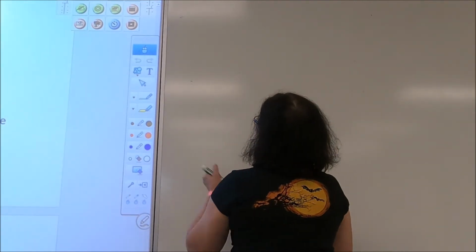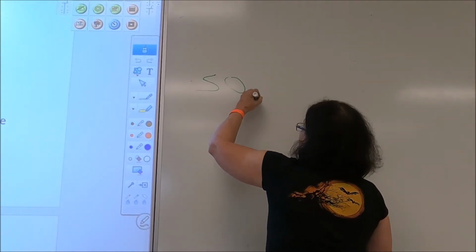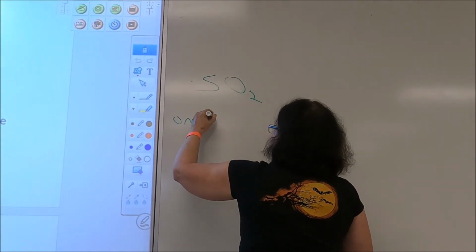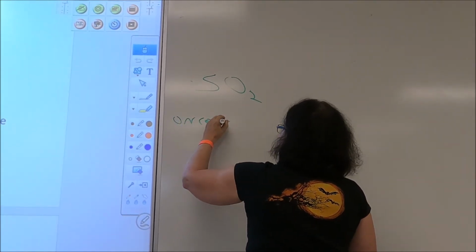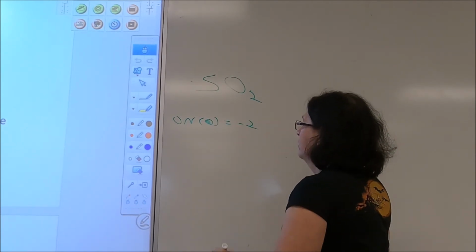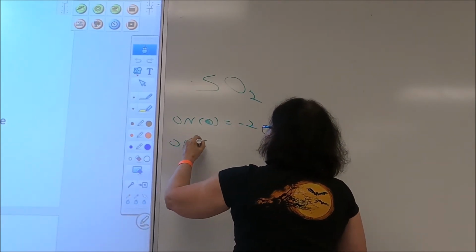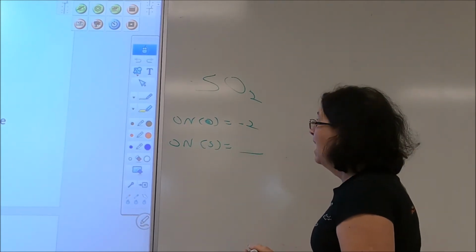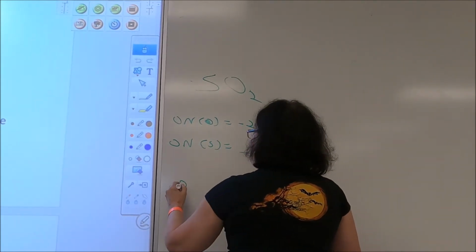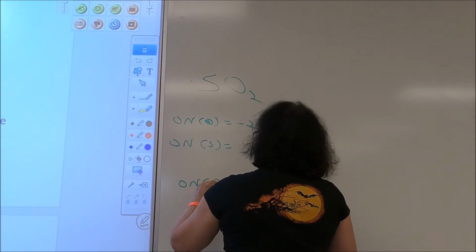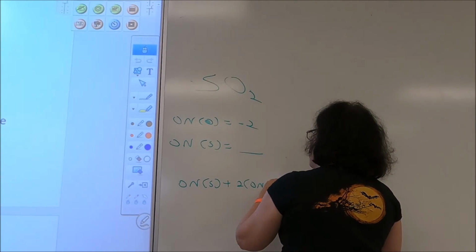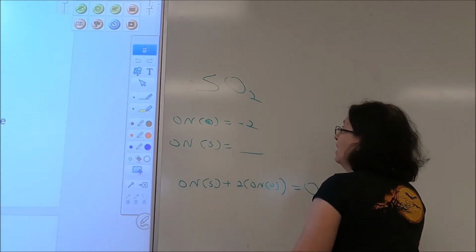So first one here, sulfur dioxide. Okay, the oxidation number for oxygen is -2. The oxidation number for sulfur is not covered by any of the specific rules, so I'm going to have to calculate it. So I can say that the oxidation number for sulfur plus 2 times the oxidation number for oxygen has to add up to be 0.